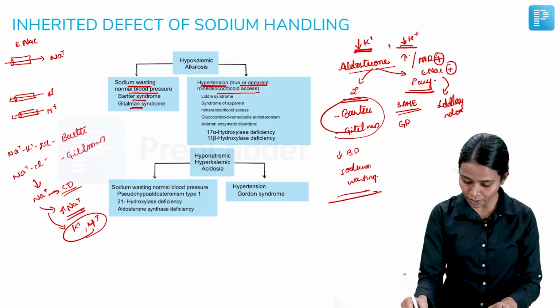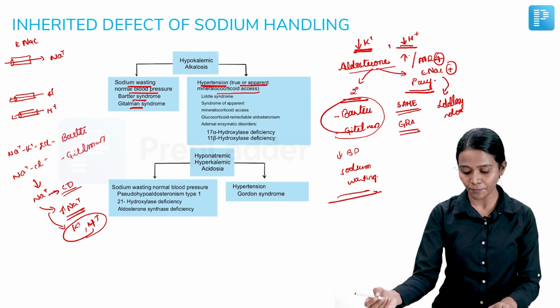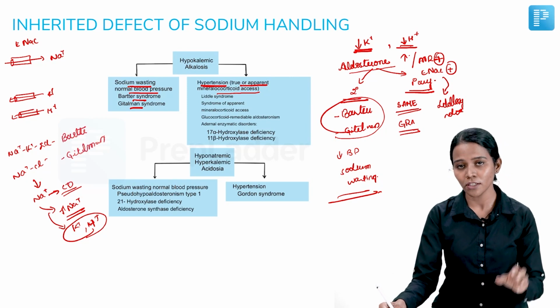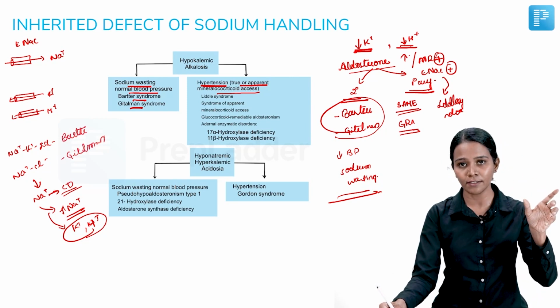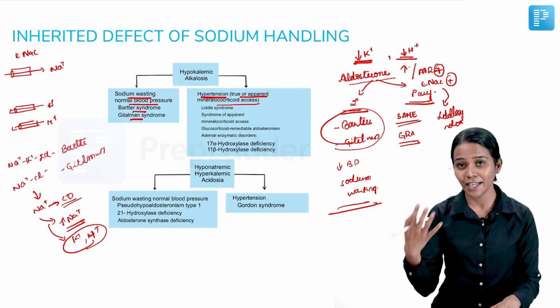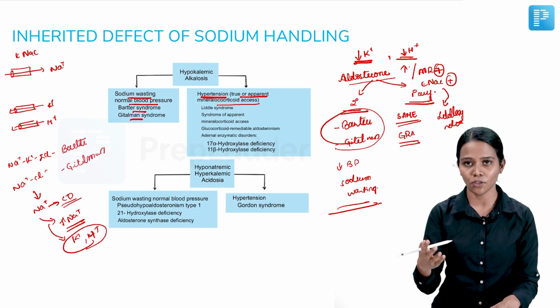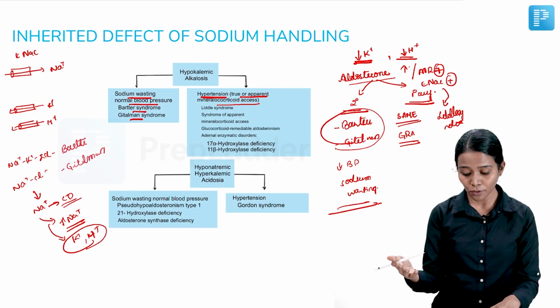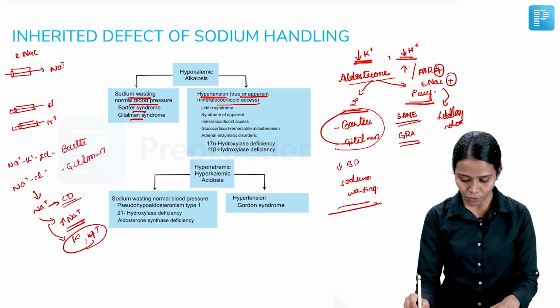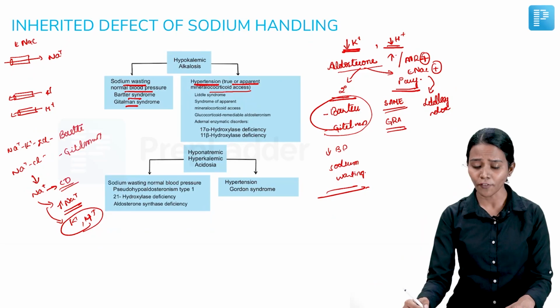Similarly, glucocorticoid remediable hyperaldosteronism. Okay, in this condition also aldosterone levels are high because ACTH stimulates the aldosterone secretion. Okay, that is why by giving glucocorticoid we can remedy the situation. So in this situation also there is increased activation of aldosterone.